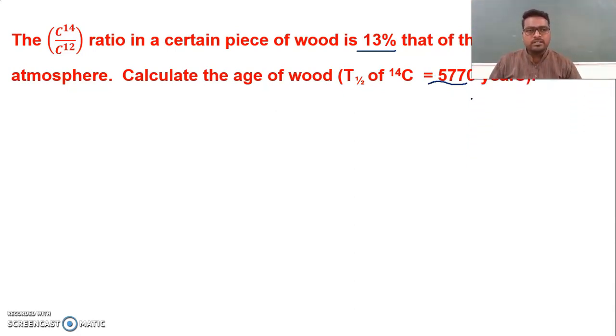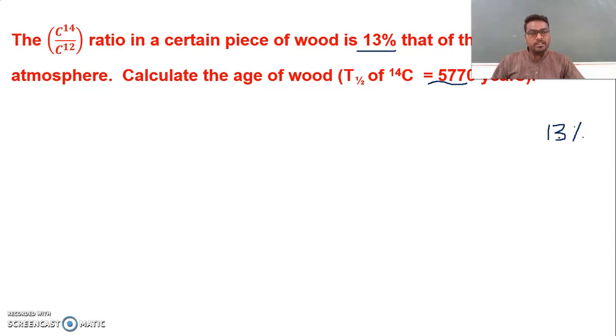So here, people identified a piece of wood which died many years ago. In that they found that the C14 and C12 ratio is 13%. After many years the C14 to C12 ratio is 13%. Then what is the ratio in the beginning?